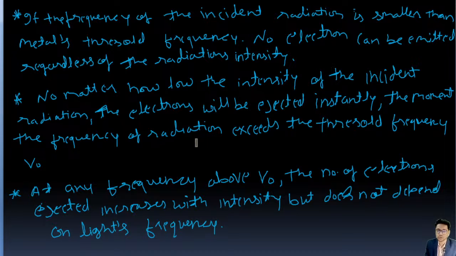So this point is saying intensity doesn't matter. If the frequency of the radiation is greater than the threshold frequency, the electrons will be ejected instantly. Doesn't matter how low the intensity of the radiation or light is. That's what the second point is saying.